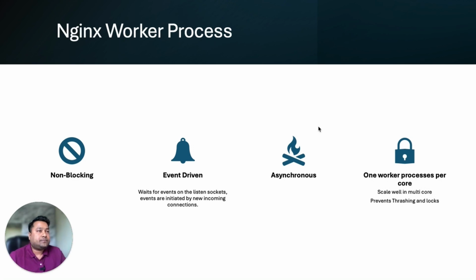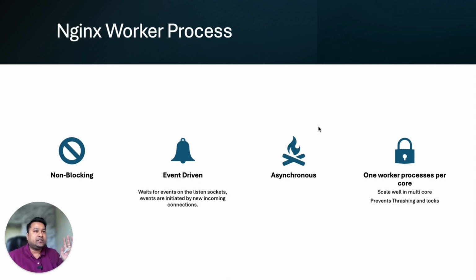Events are initiated by a new incoming connection. So let's say a new TCP connection comes in, and then an event E happens, and based on the event E, this worker processor understands, okay, there is a new event that I have to take forward and get processed, right?